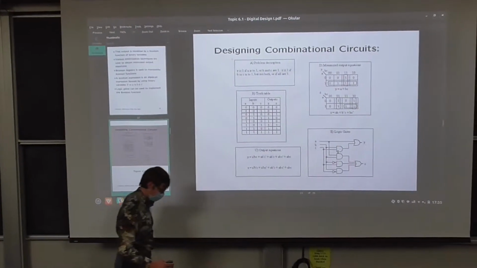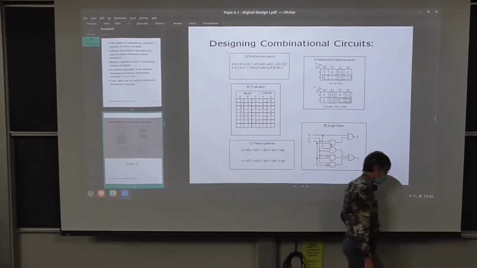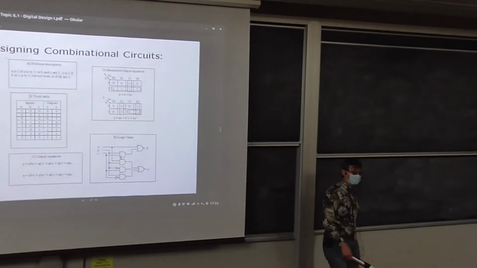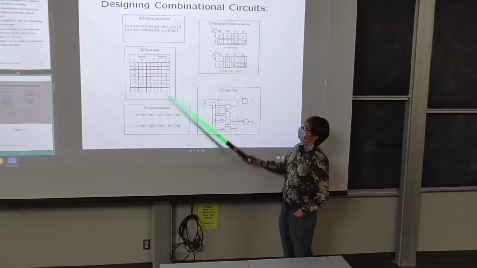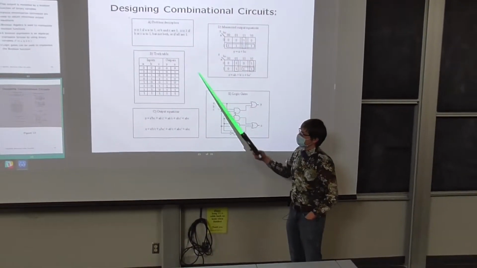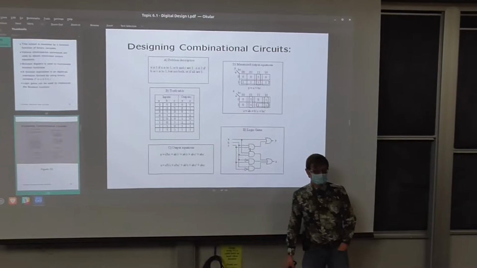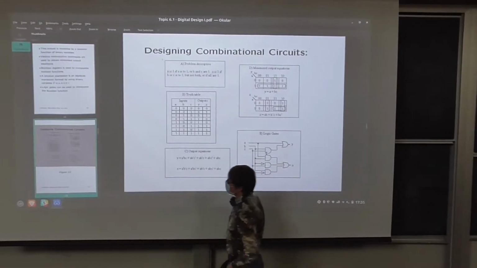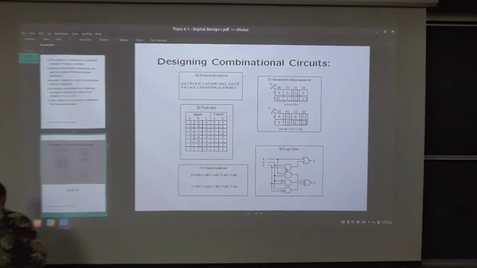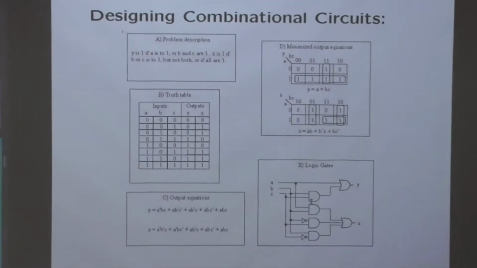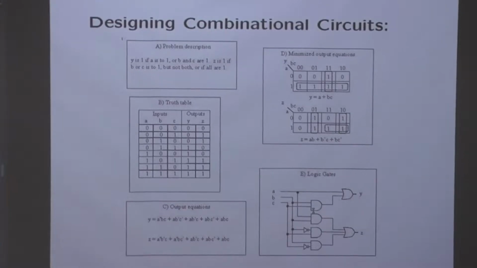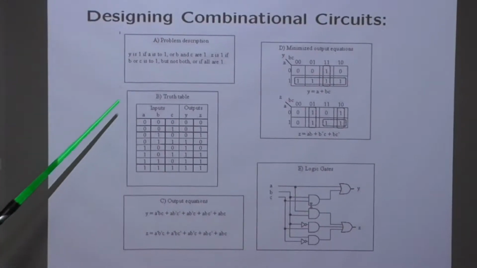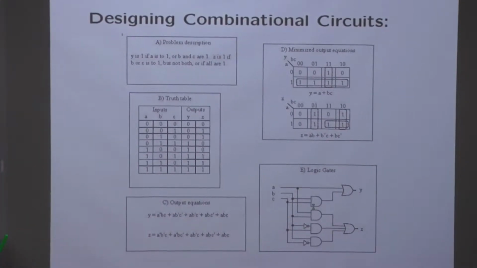So in our last lecture, we were going over digital design techniques. This slide here shows a nice little summary of the entire process. The digital design process summed up: first, you will have some kind of problem description.